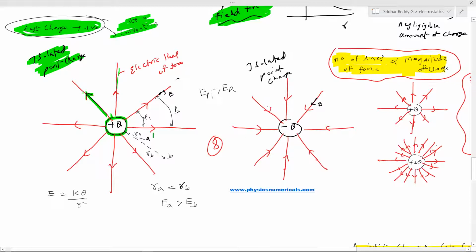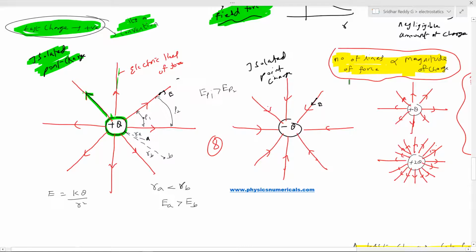This is a very important thing which will help us to plot the lines of force. This is what I'm trying to insist here. For a point charge Q, how many lines of force do I assume? 1, 2, 3, 4, 5, 6, 7, 8. For a point charge 2Q, I should assume 16 lines of force. Any reason for that? Because of this idea.